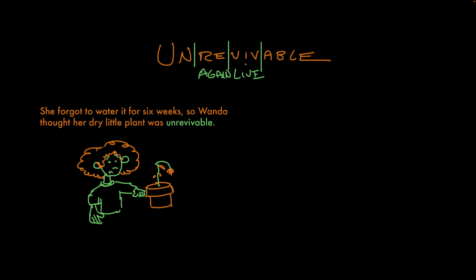And something that is revivable is able to be brought back to life, but something that is unrevivable is not able to be brought to life again, or is not able to live again. So in this case, Wanda forgot to water her plant, so now it is unrevivable. She can't bring it back to life.